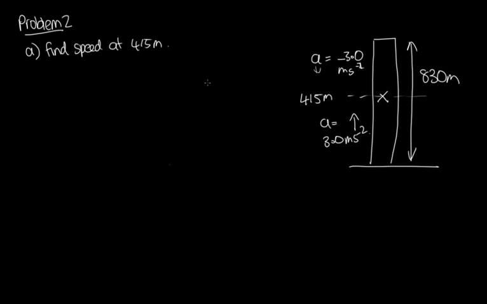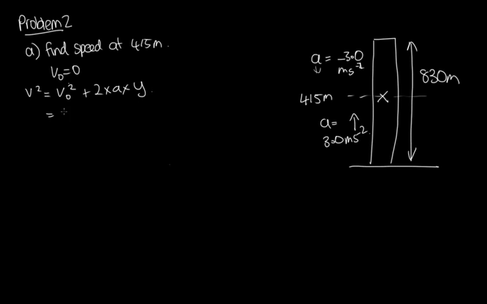So we'll need to go back to the kinematic equations in order to do this. And we know that we start from rest. When we get into the lift it isn't moving, so the initial velocity is equal to 0. And so we can use final velocity squared is equal to the initial velocity squared plus 2 times the acceleration times the distance, which in this case is the height.